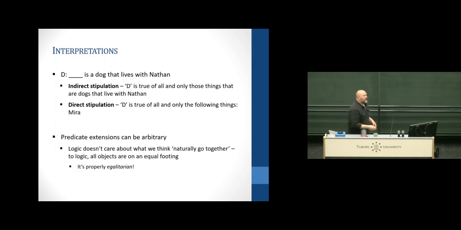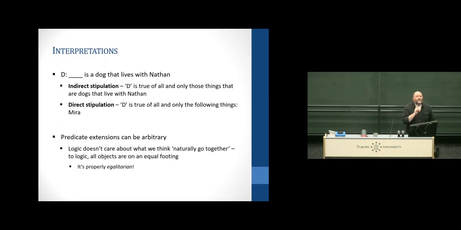So in this case, if we wanted to describe the extension of D, just list the things: Mira, and that's it. So the key difference: indirect stipulation, you specify a property, then go discover what things in your domain satisfy it, have that property. Direct stipulation, you just give me the list of things that you want in the extension.